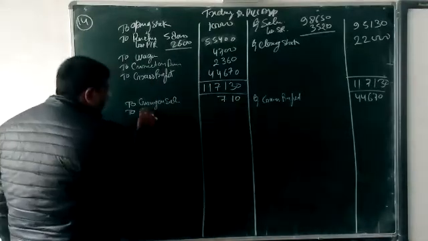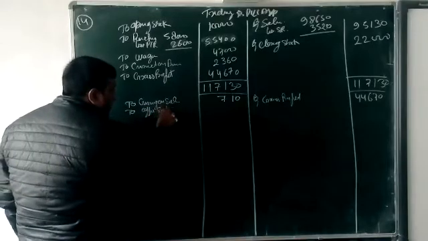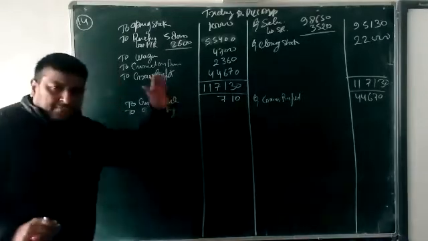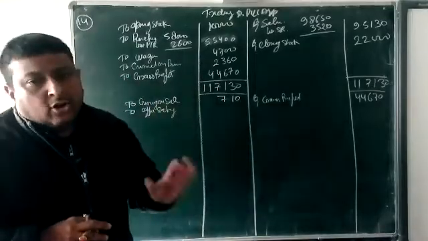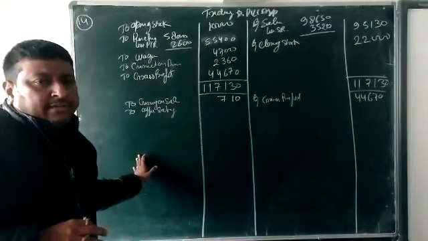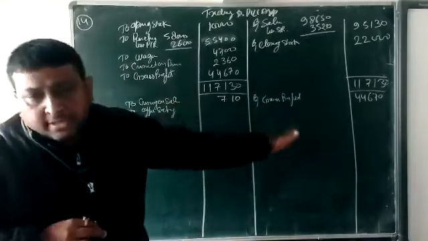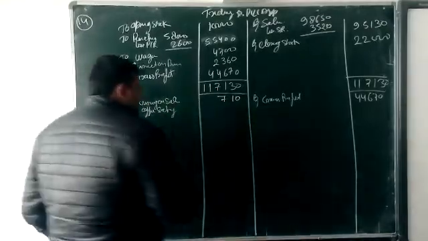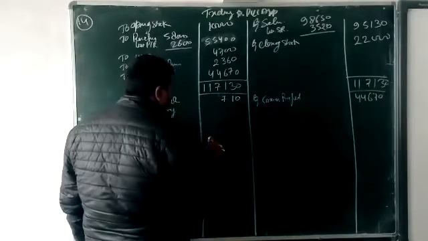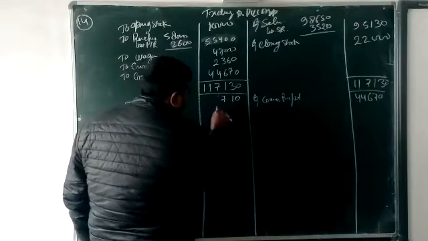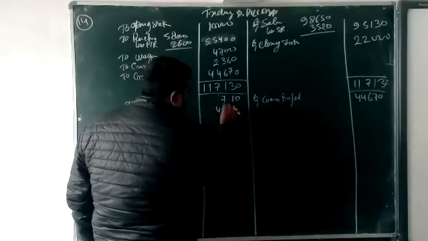Next, office salaries. After making the trading account you will feel very good, because after that all expenses we are going to put on the debit side of the PL account, and all income on the credit side of the PL account. Office salaries amount, 4,800.